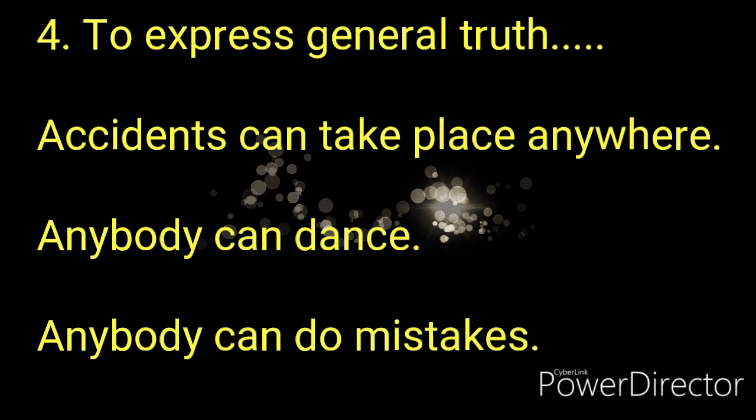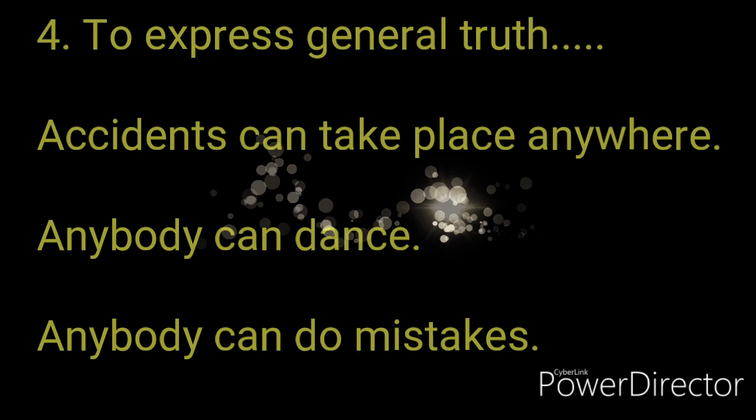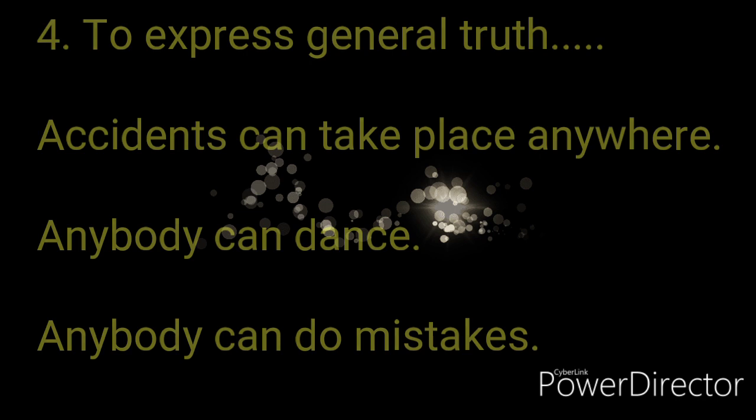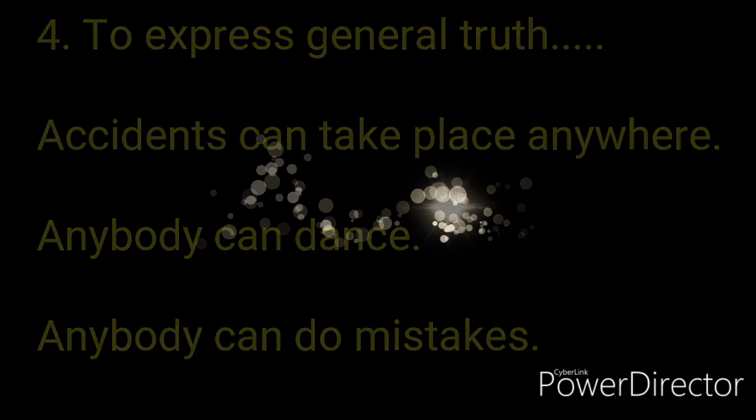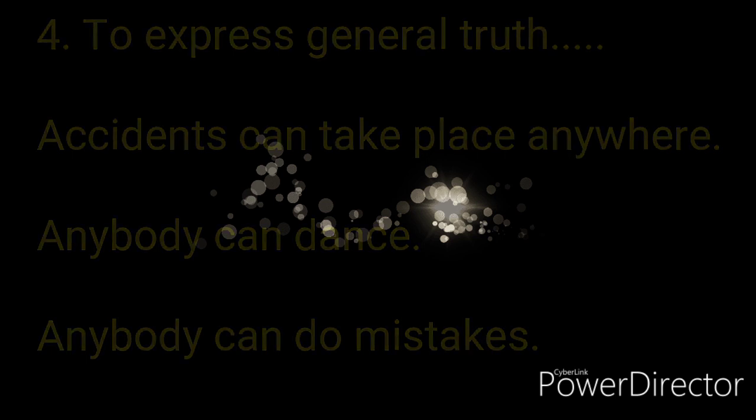To know about general truth, we have to know only one thing: a task that can be done by anyone and that can be performed anywhere. That is general truth. So all these sentences express general truth. That's why we use the modal can to show it.